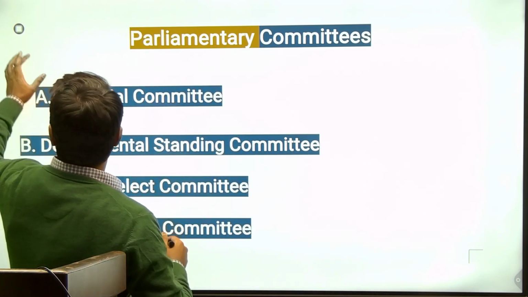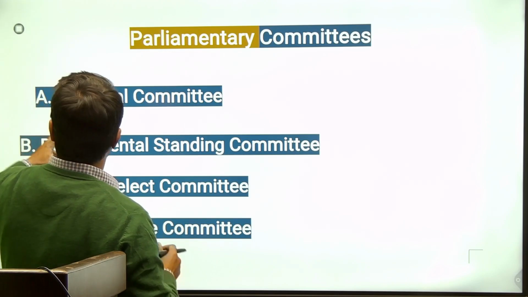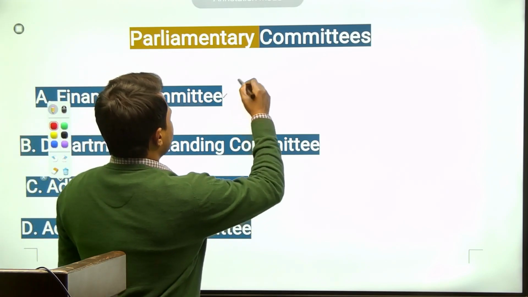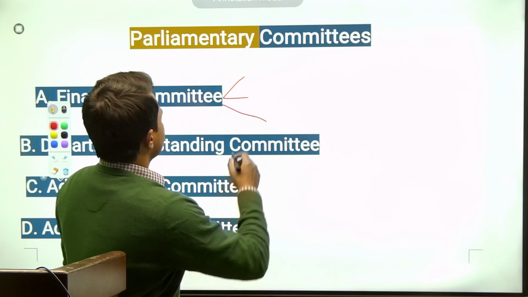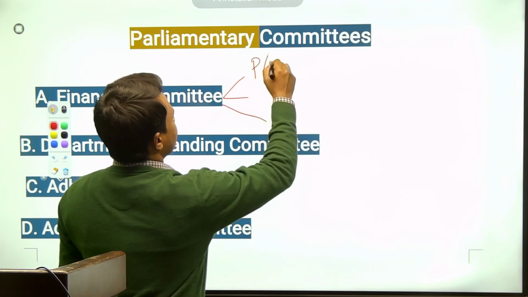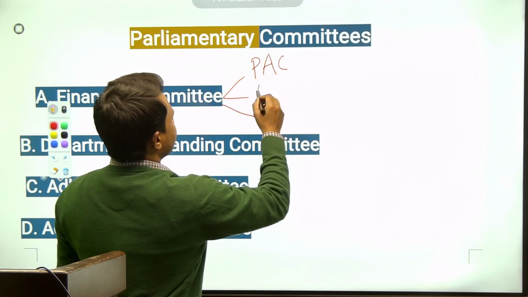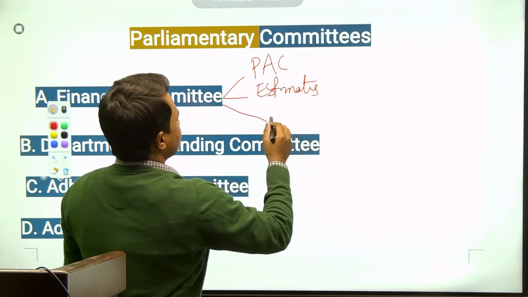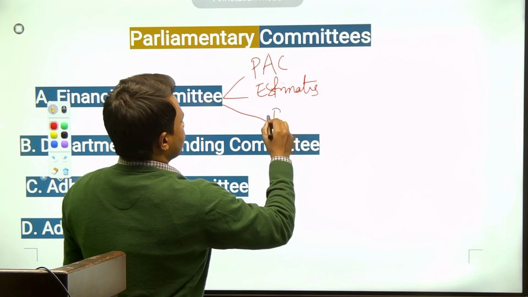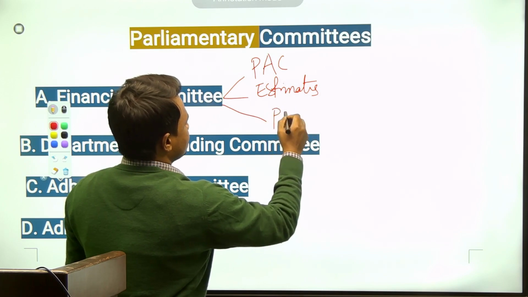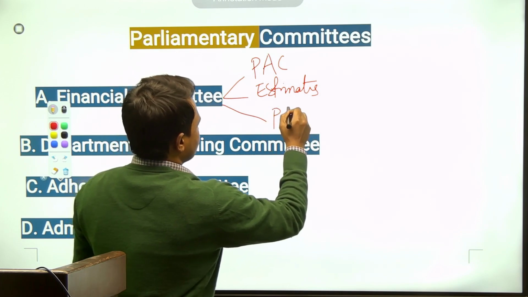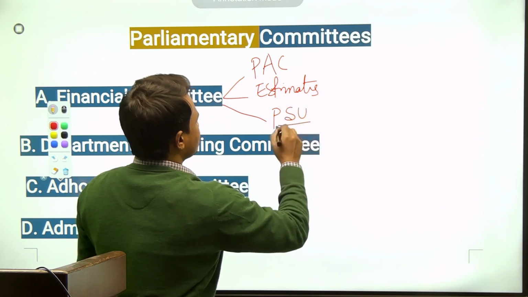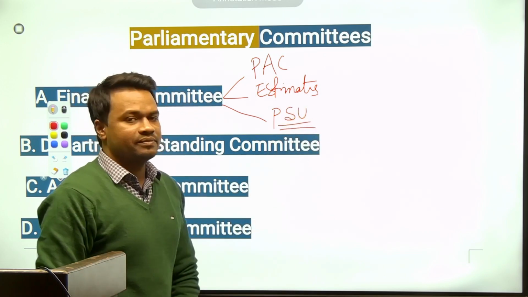Talking briefly about the financial committees, first is the Public Accounts Committee, then the Estimates Committee, and the third one is the Committee on Public Sector Undertakings. So PSUs, PAC and Estimates Committees.